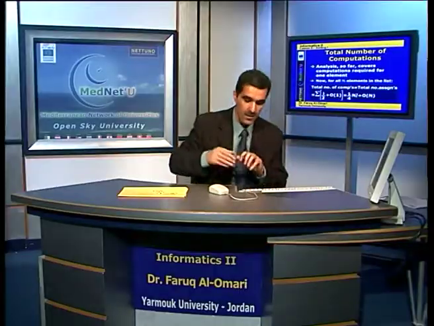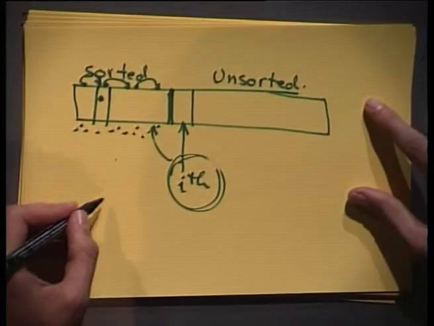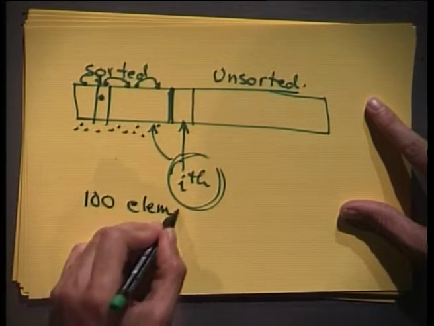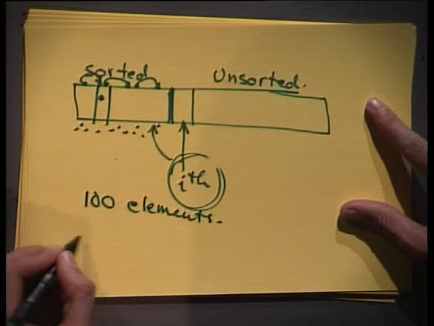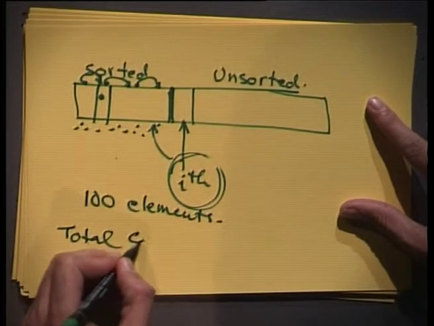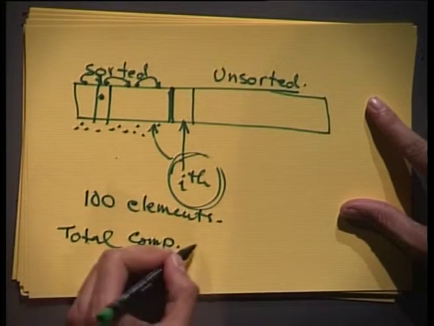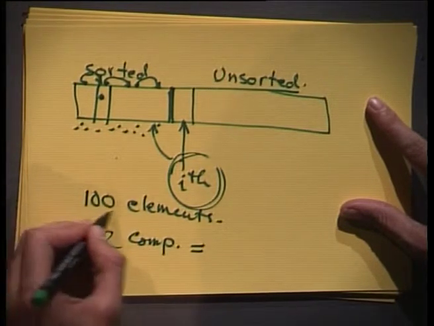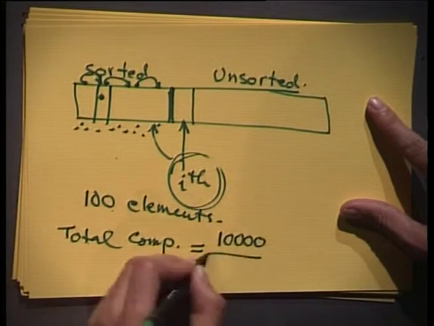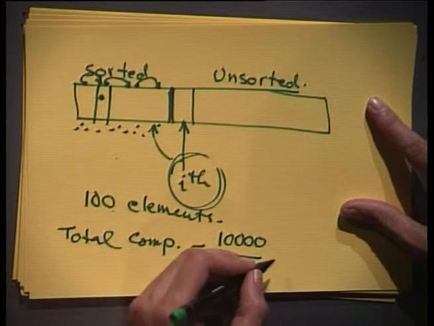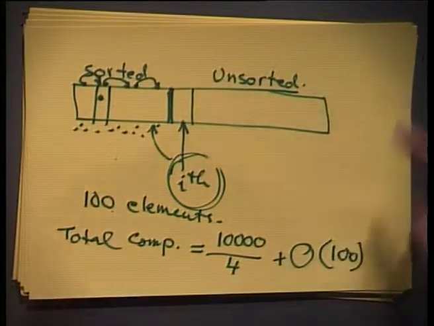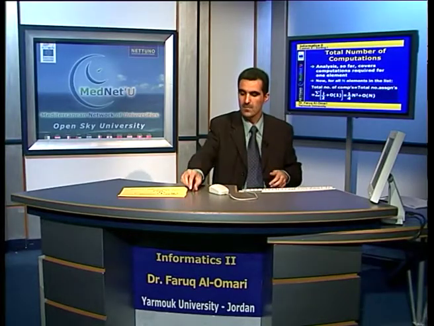So for example, if I'm talking about something like 100 entries in my list, then the total number of comparisons or computations, I'm going to call them, is in the order of n squared divided by 4, 10,000 divided by 4, in the order of this, plus order of 100. That's what we're saying here, okay?